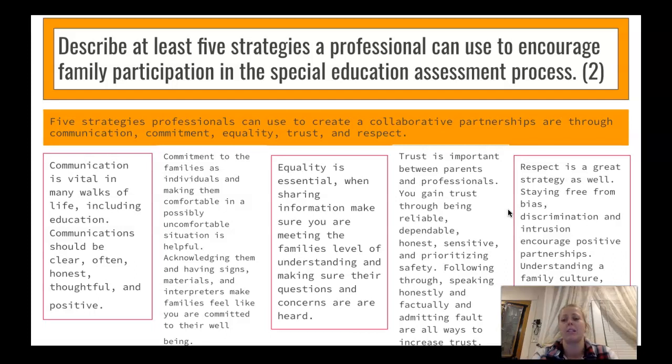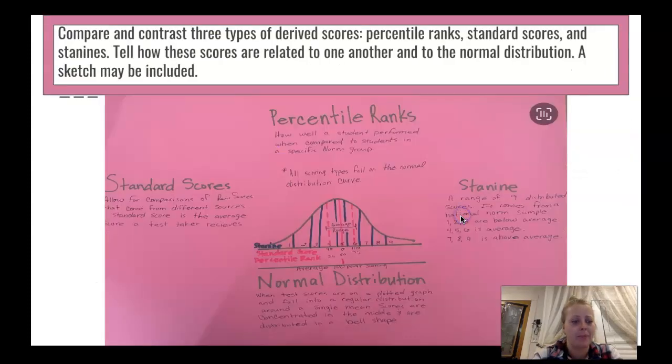Make sure that your statements are free from bias and discrimination, that you're not intrusive on their family values, and that you're constantly encouraging positive partnerships. Those are all really excellent ways to encourage family participation.